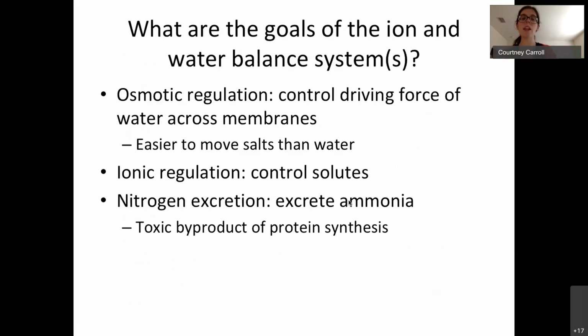So when we're thinking about water balance systems, we want to think about the goals of these systems. And there are a few different goals that animals need to meet. So they first need to have osmotic regulation, which controls the driving force of water across membranes. Remember, it's easier to move salts than water, because water is going to use aquaporins.